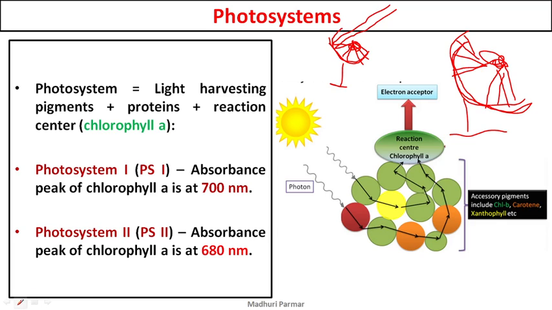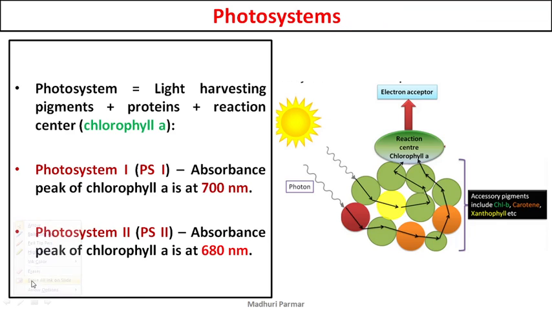Fine. Same thing is happening in case of our photosystems as well. Here you can see this is acting as an antenna. It is collecting all the photons, all the energy, and all the energy gotten from the photons will be transferred finally to the chlorophyll A.